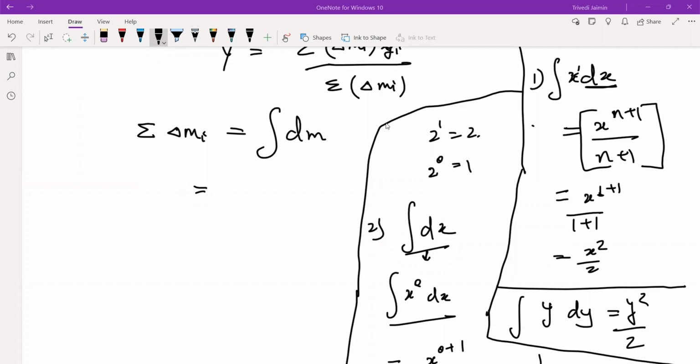Integration of dm. It's okay, but it's wrong. I'm not going to judge you. Sir, I'm not sure. Yeah, it doesn't matter, at least give some input.